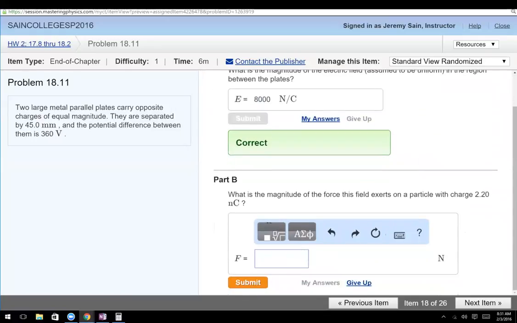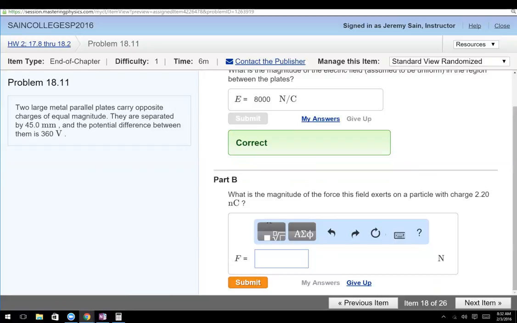All right. What's the magnitude of the force this field exerts on a particle with charge? That right there. So again, we know electric field is just force per unit of charge, right? So if I know the electric field, all I need to do is just multiply that by the charge. Right?